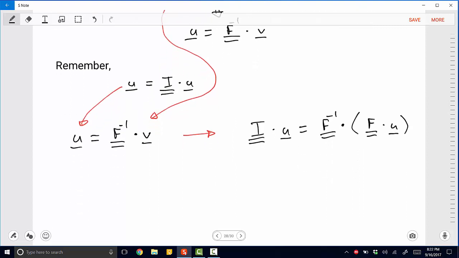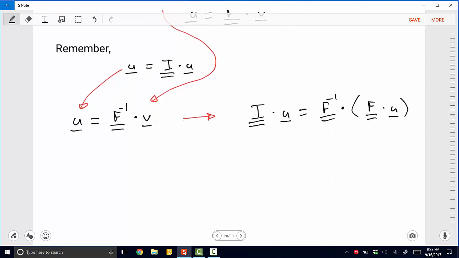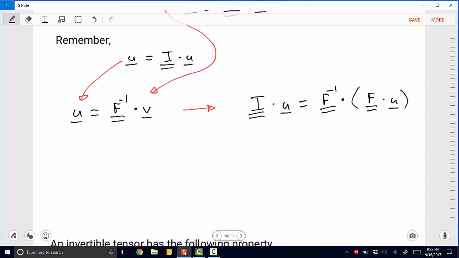So now we've got this nice little relationship here, and we can rearrange this, collecting everything to the left-hand side.